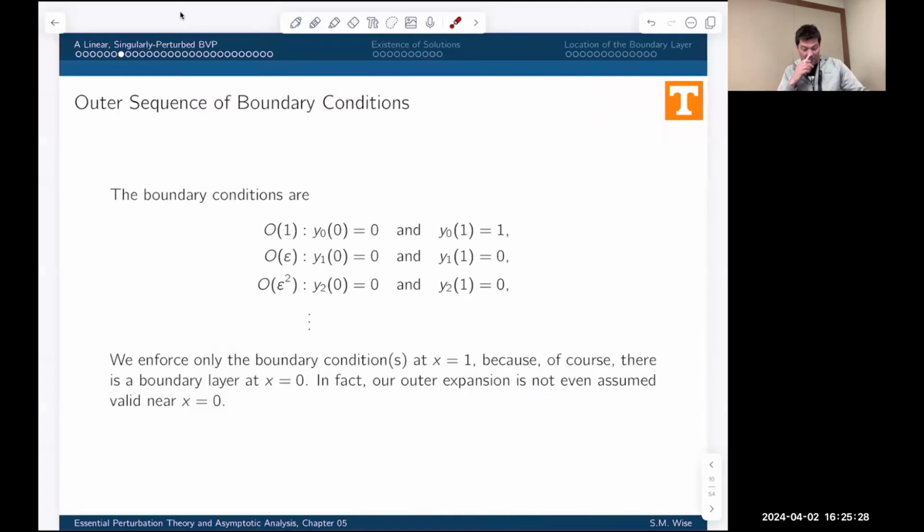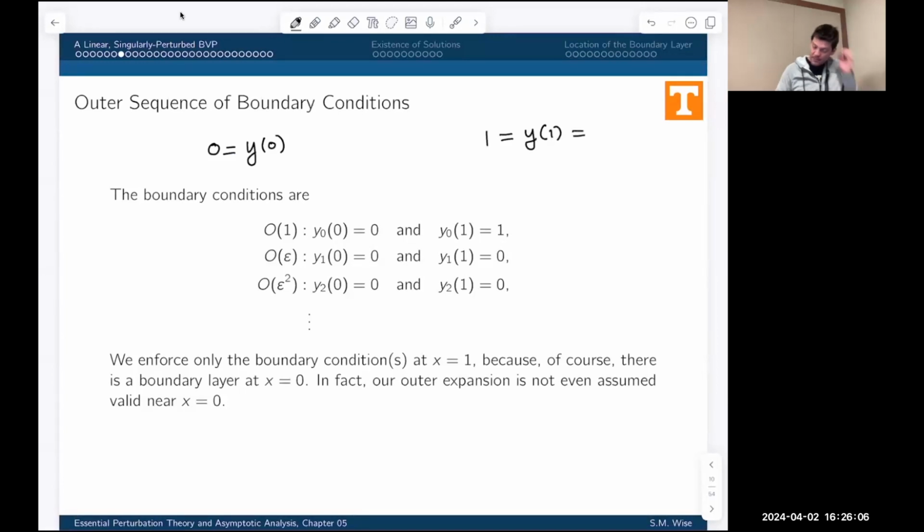The next step is to figure out what are the boundary conditions. Well, I know that the boundary layer is at x equals 0, and the outer solution is staying away from the boundary layer. So the boundary condition I'm going to use is just the boundary condition at x equals 1. But it's useful to know how both boundary conditions transform. So the boundary conditions can be written like this. y of 0 equals 0, and y of 1 equals 1.